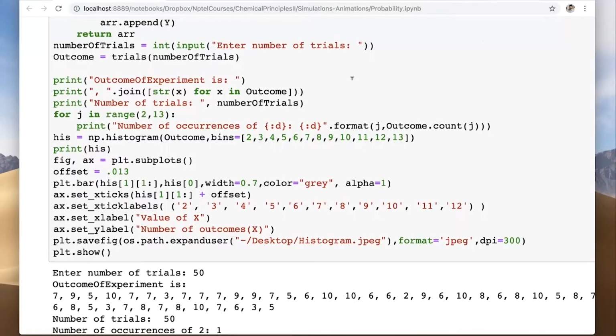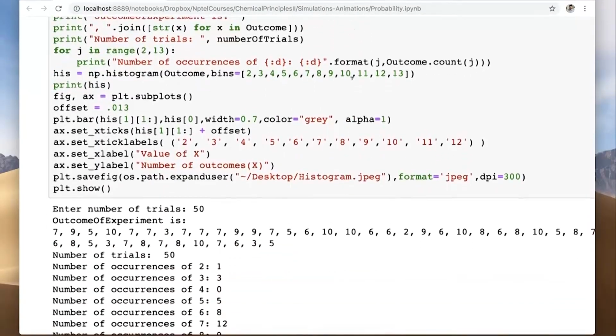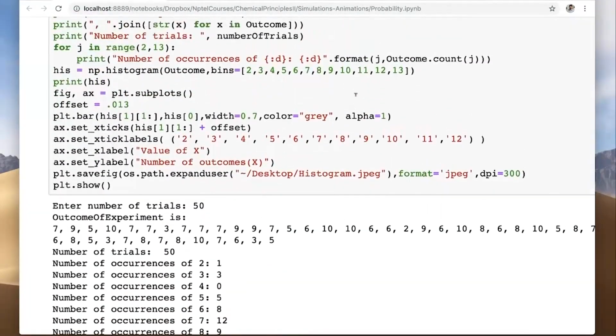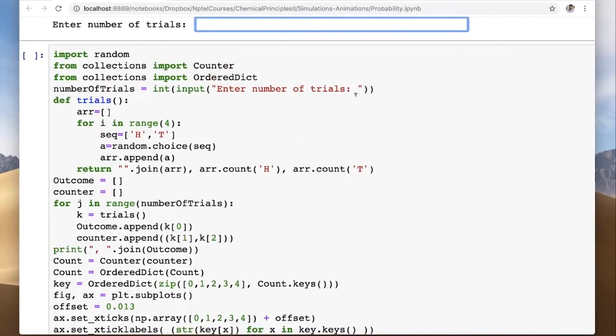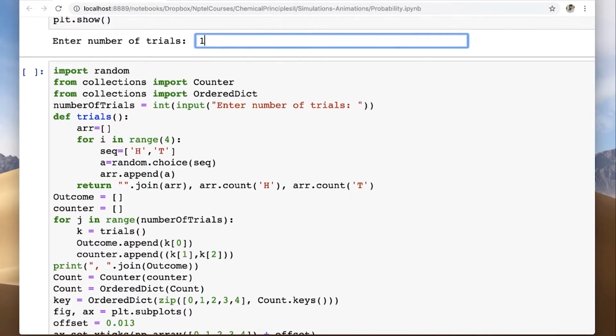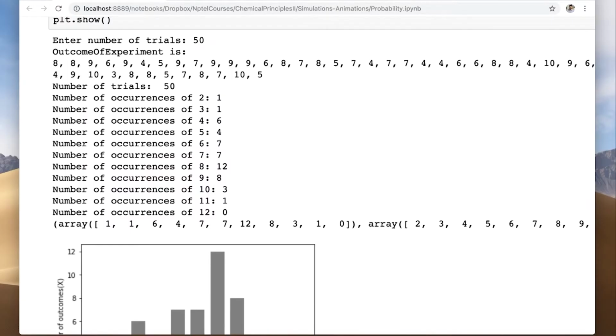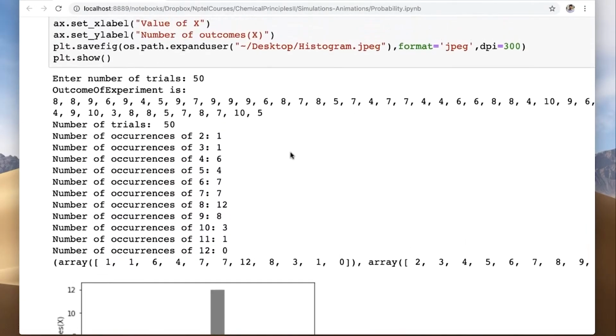So, this is again a program that is there, and let us run the program and put how many trials we need. At least 10 or 12 trials we need, right. So, let us do it for just 50. It gave us the occurrences of 2, 3, 4, 5, 6.